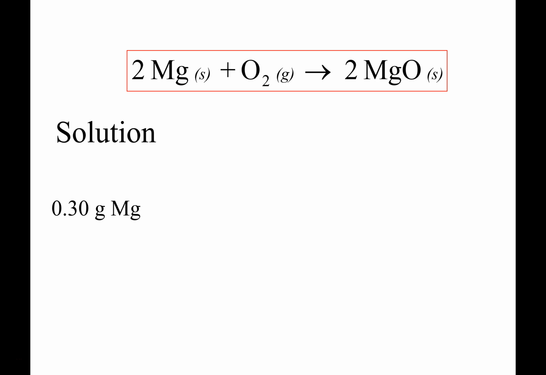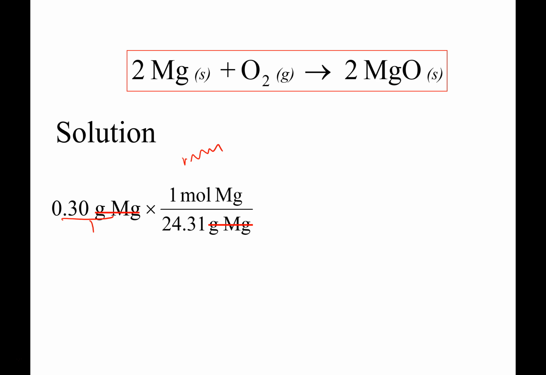The first term is going to be that 0.30 grams of magnesium over 1. So what's the next term? 1 mole of Mg over 24.31 grams of Mg. Perfect. That's the molar mass. Then what?